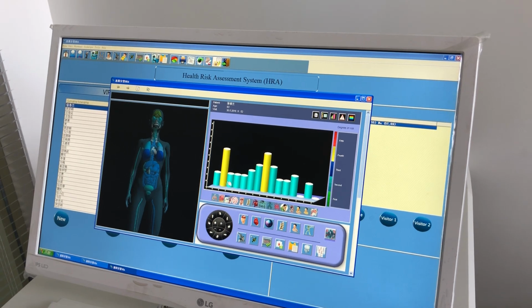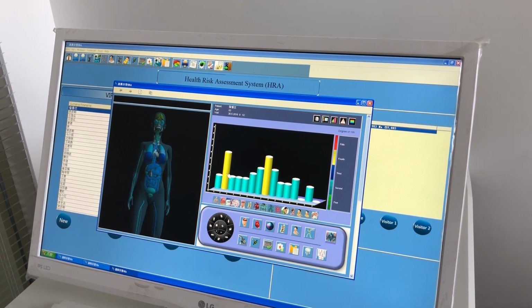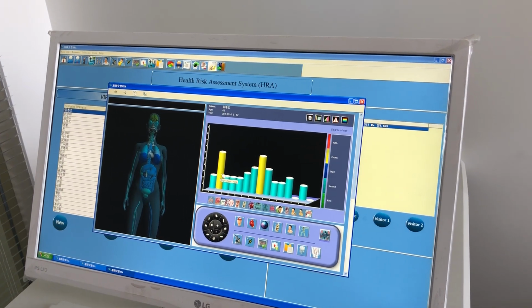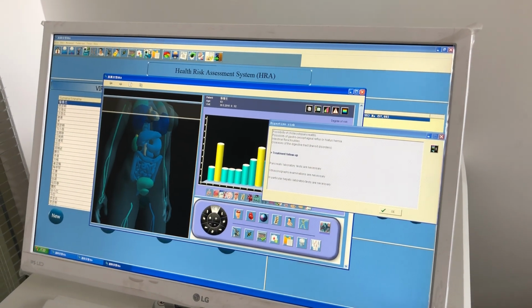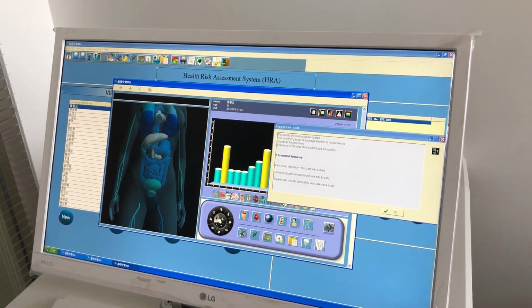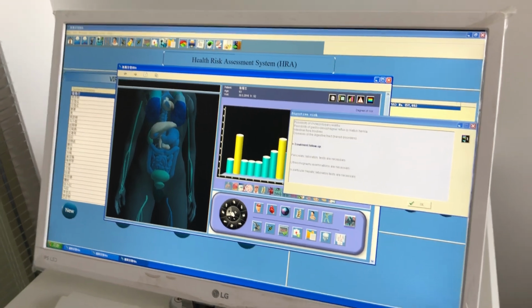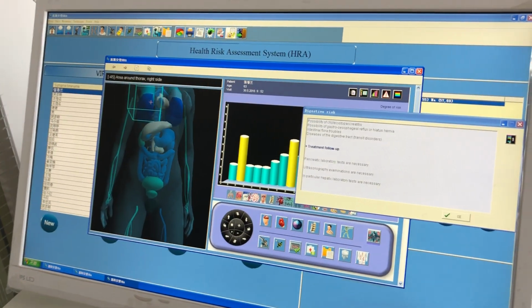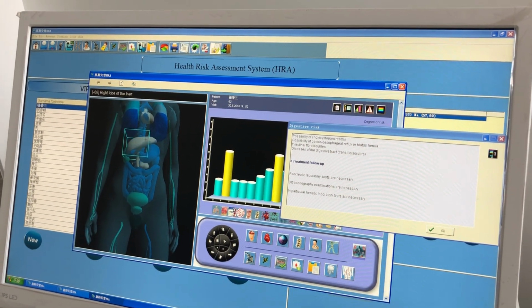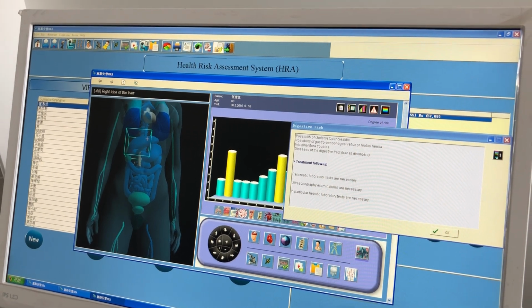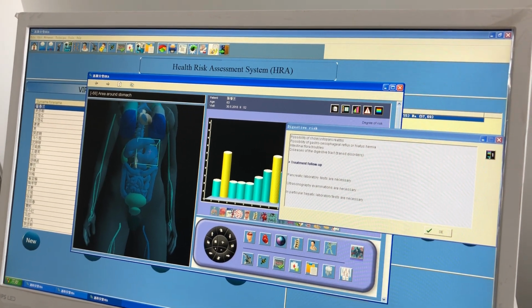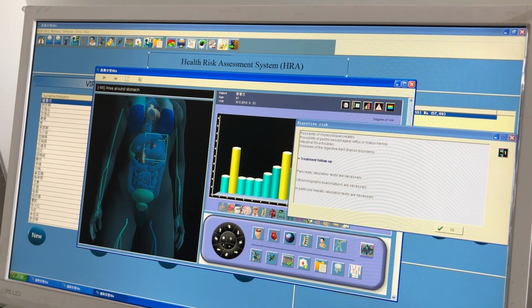In terms of the overall results, what you should pay most attention to is the digestive system. Let's start with the hepatobiliary region. From the figure, it is clear that the region appears blue and the image is flashing.